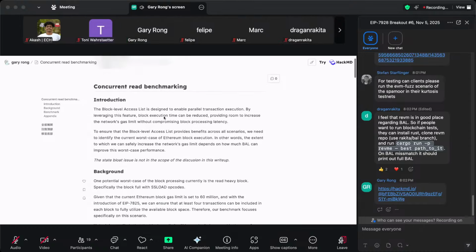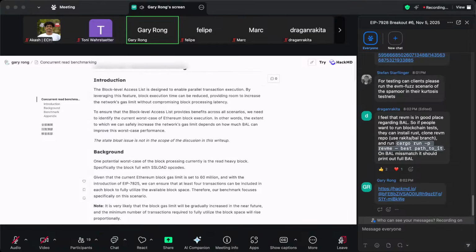So I've been discussing with Tony recently about whether it's worthwhile to include the read location in the BAL. At the beginning, I was on the opposite side because I think it's not that easy to correctly gather all the read locations during the block execution. And because we need to compare the BAL data in the consensus, if we provide slightly different data, then the consensus will fail.